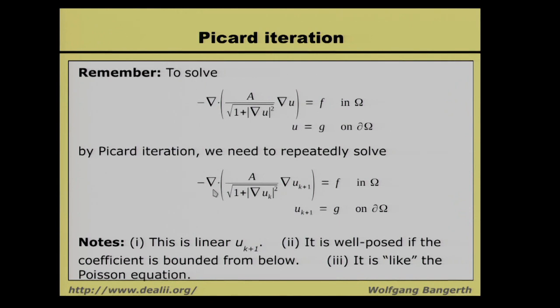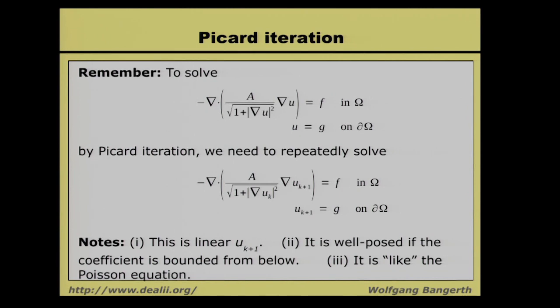If you think about step 6, for example, step 6 solved the problem with a spatially variable coefficient. This is spatially variable because this is u_k(x). So this is an operator that we're quite familiar with. It's a little bit like the Poisson equation or the Laplace equation, just with a spatially variable coefficient. We know how to choose a linear solver, how to choose a preconditioner, and so on and so forth. So we have chosen this particular form of the Picard iteration because it leads to something that we understand.